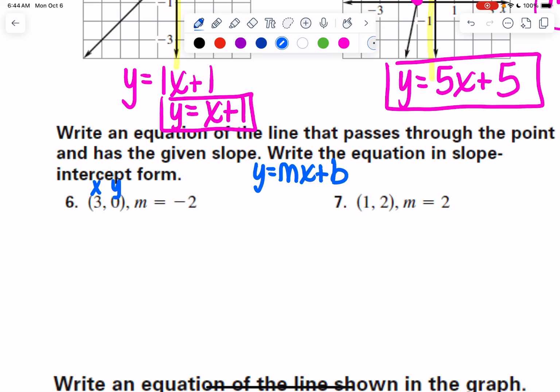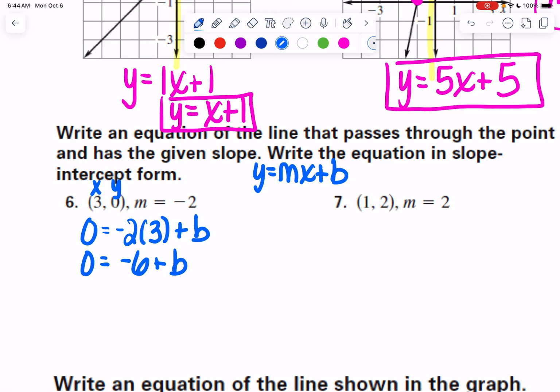I know m is -2, so I would have y is 0 equals m is -2 times 3, x, plus b, and I'm just solving for b. So 0 equals -6 plus b, and so add 6, b would equal 6. My final answer would be y equals your slope -2x plus 6.